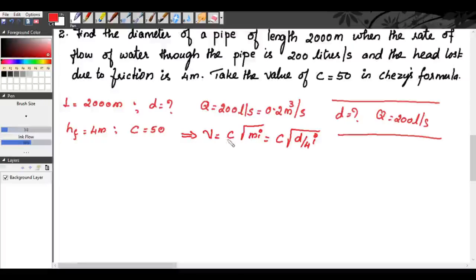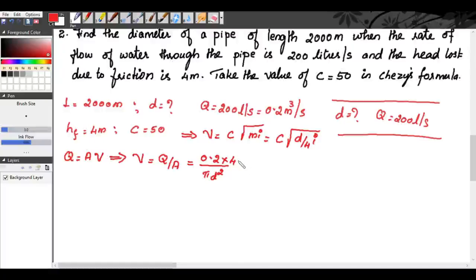Now how will we determine this velocity? We know discharge is equal to area into mean velocity, from which velocity is equal to discharge by area. Discharge is given as 0.2 meter cube per second, divided by area, which is pi d square by 4.